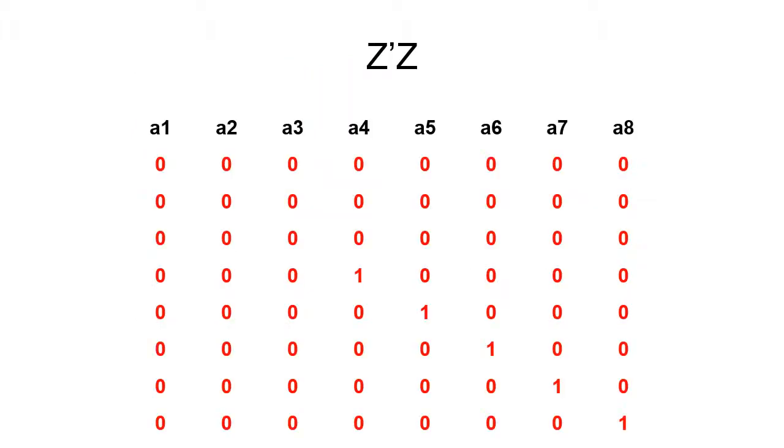Good, then that brings us to our next square matrix, and that is Z prime Z. So here we have a column and a row for each animal. So that's animal 1. Remember, it did not have an observation, it wasn't weighed.